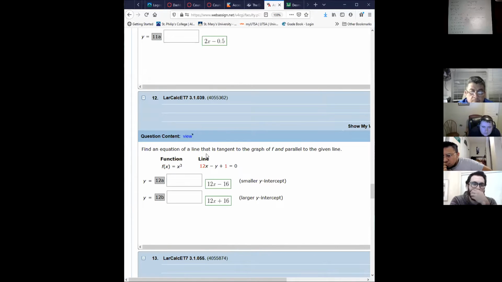Okay, it says find an equation of a line that is tangent to the graph and parallel to the given line. So it's the same deal as what we just did, but it has this extra thing. That's a cube. Smaller y-intercept. Yeah, it is a cube.